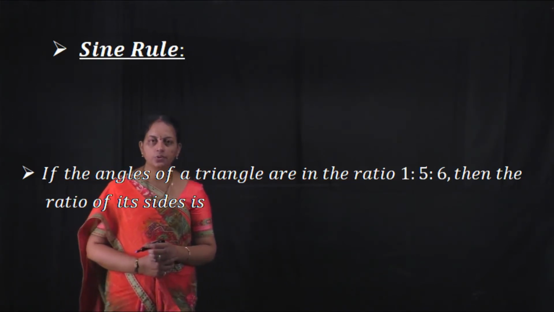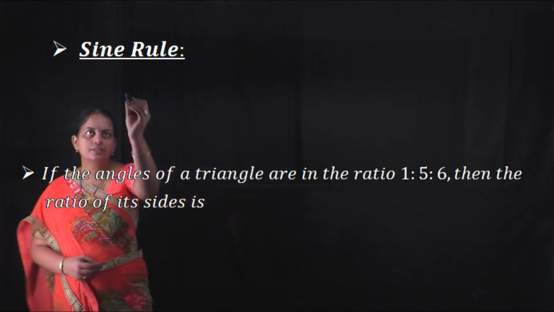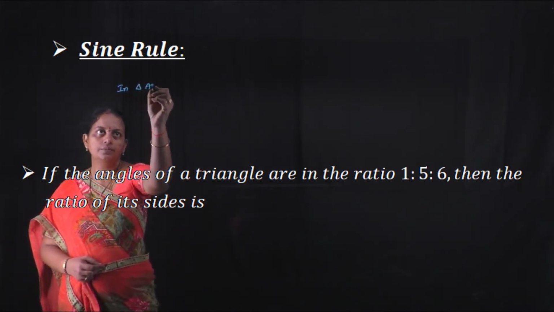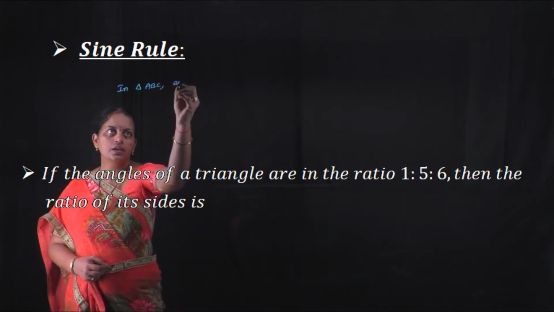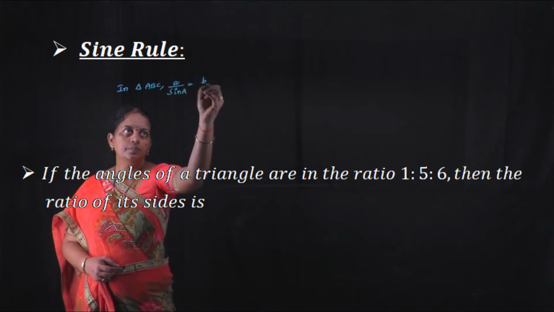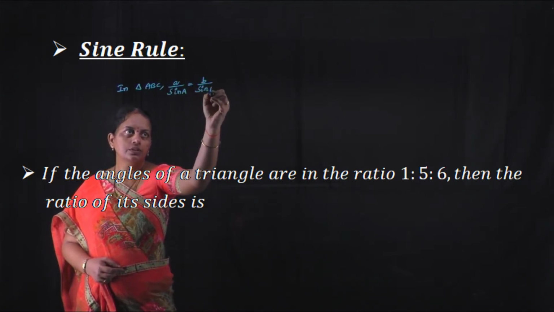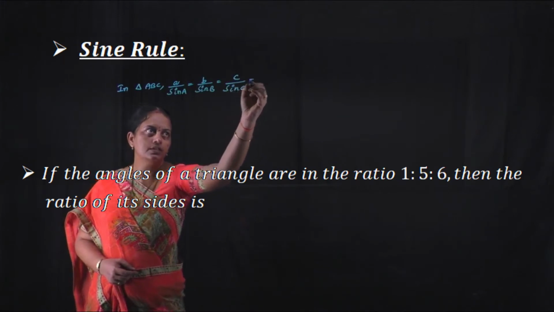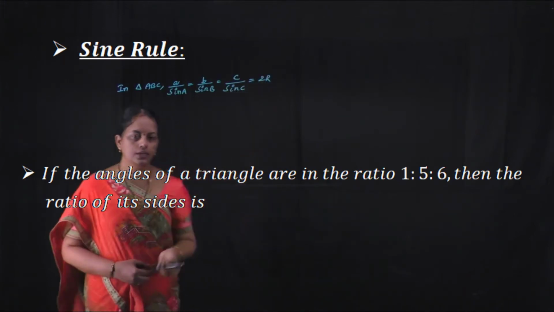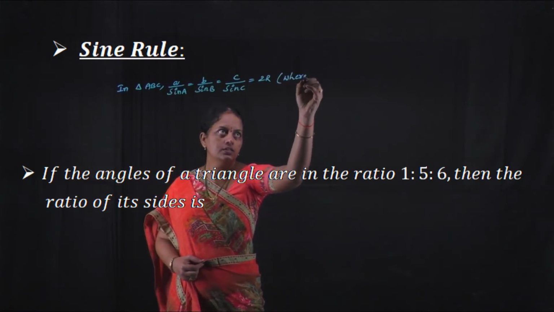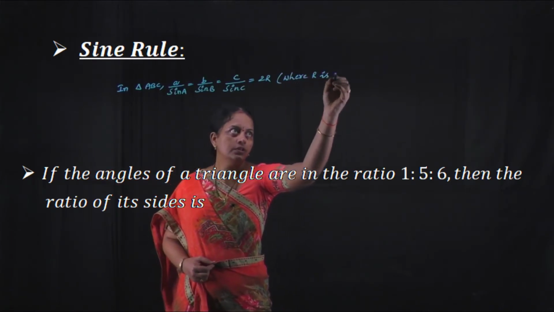What is sine rule? In triangle ABC, a by sine A is equal to b by sine B is equal to c by sine C is equal to 2R, where R is circumradius.